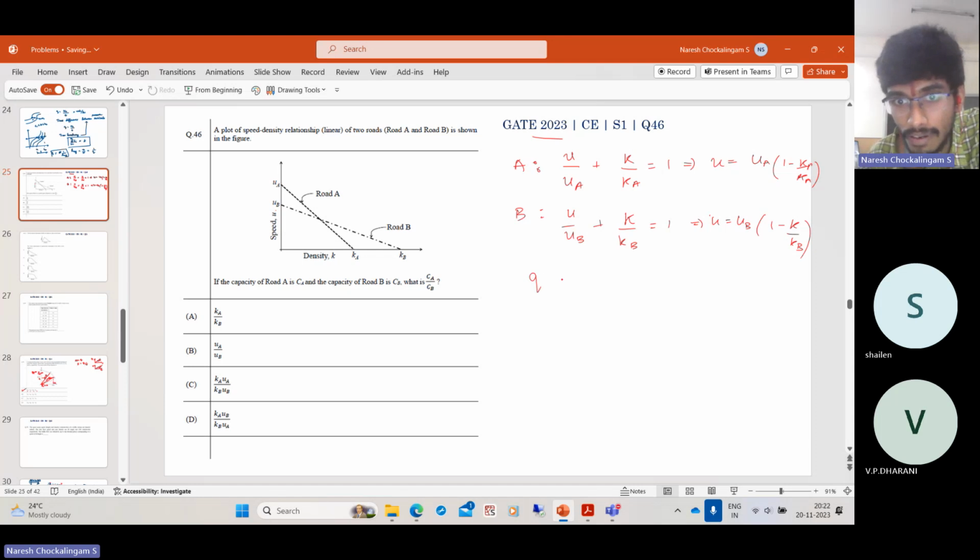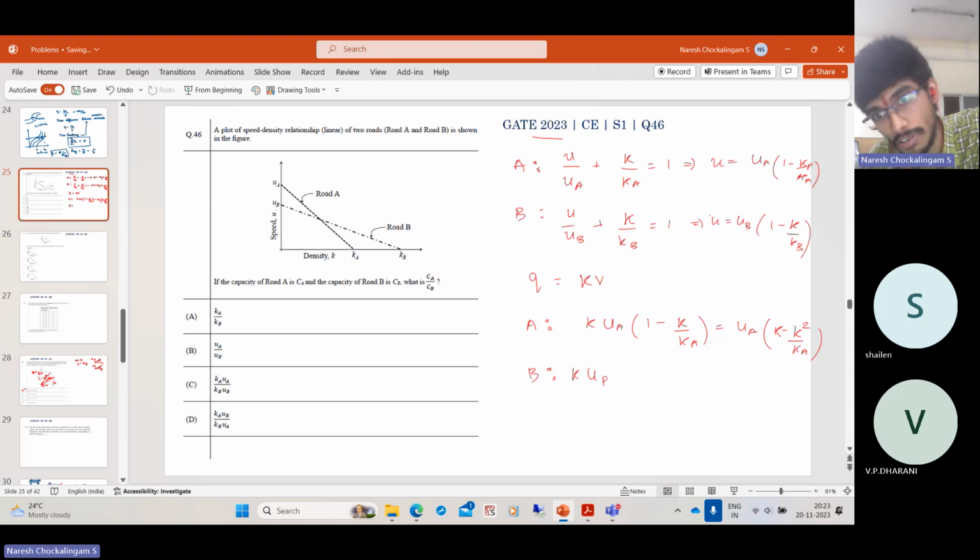What is the flow rate? It is k times v. So for road A, it is k times ua into 1 minus k by ka. So it is nothing but ua into k minus k square by ka. And what is it for road B?